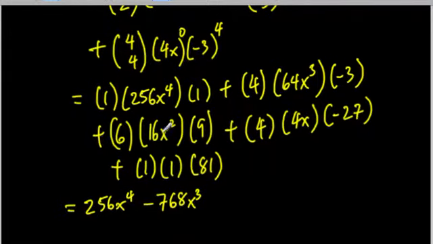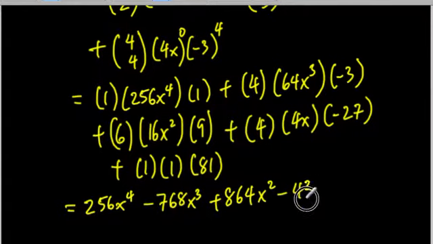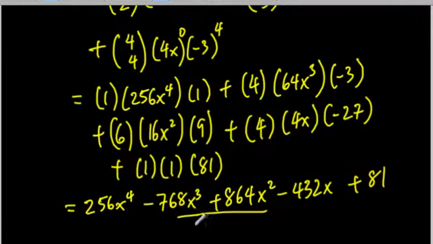The third term is 6 times 16 times 9, that's going to be plus 864x squared. The next one is 4 times 4x times negative 27, that's going to be negative 432x. And finally, the last term is going to be plus 81. And that's how you do that binomial expansion.